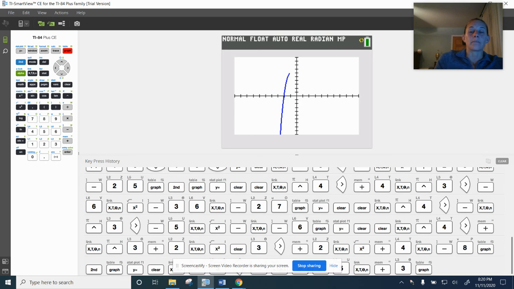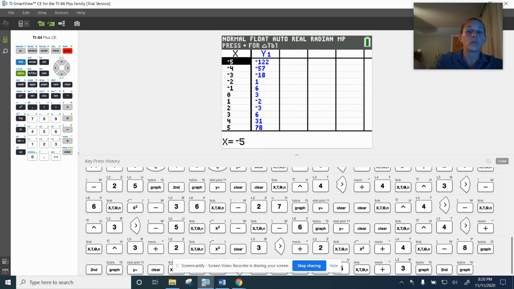Now when we graph it, we can see all 3 zeros or solutions are also indeed x-intercepts. They all cross through the graph visibly, so they're not imaginary. However, if I go to my table, I will notice that I do not have any zeros in my y column, which means none of these integers or whole numbers here are going to be the solutions or zeros.